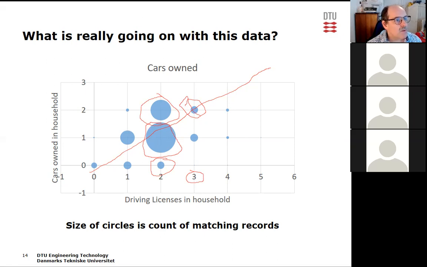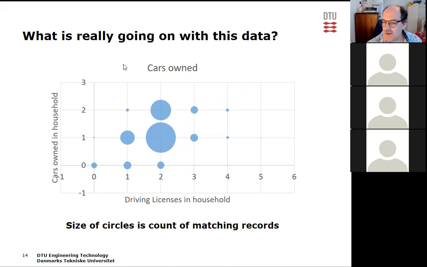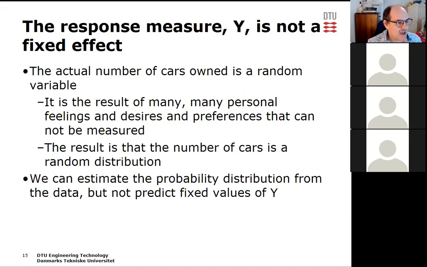So the point being here, we need a model that is willing to consider this as more of a random behavior and not as a direct cause and effect. What I mean by that is we need a model that can create a solution that is in fact a probability distribution.